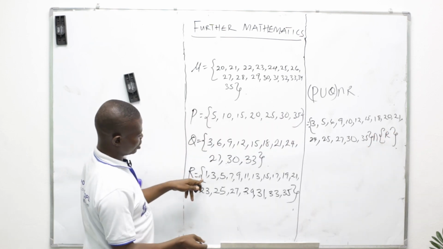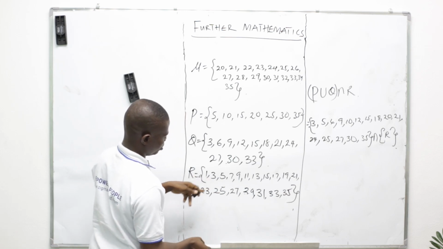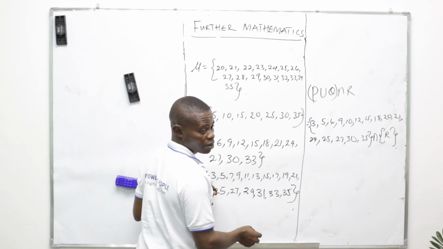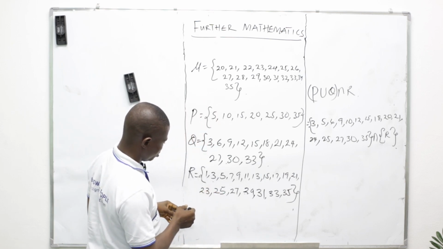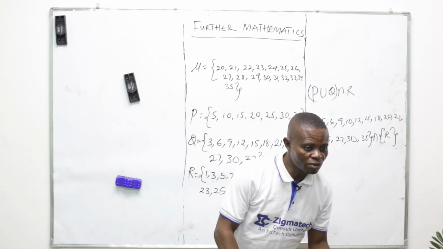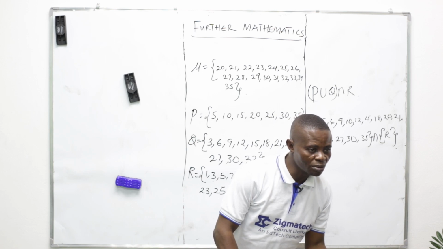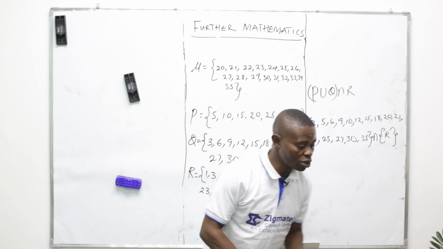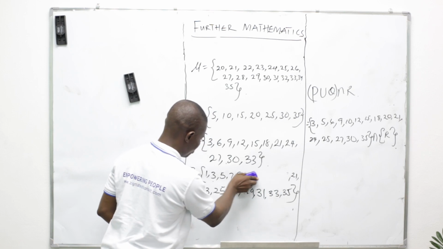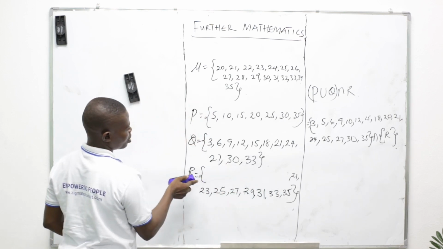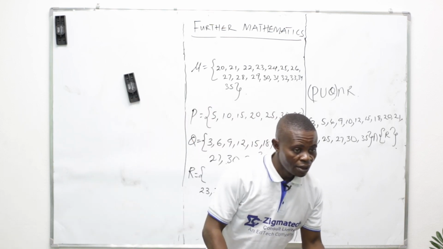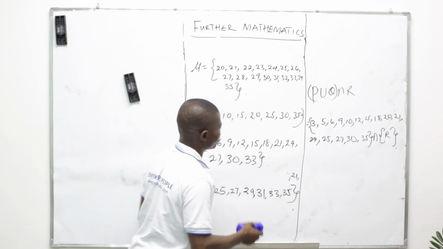Now let's match this to this, the intersection. The sets are subsets of the universal set, so all of them are subsets of this.